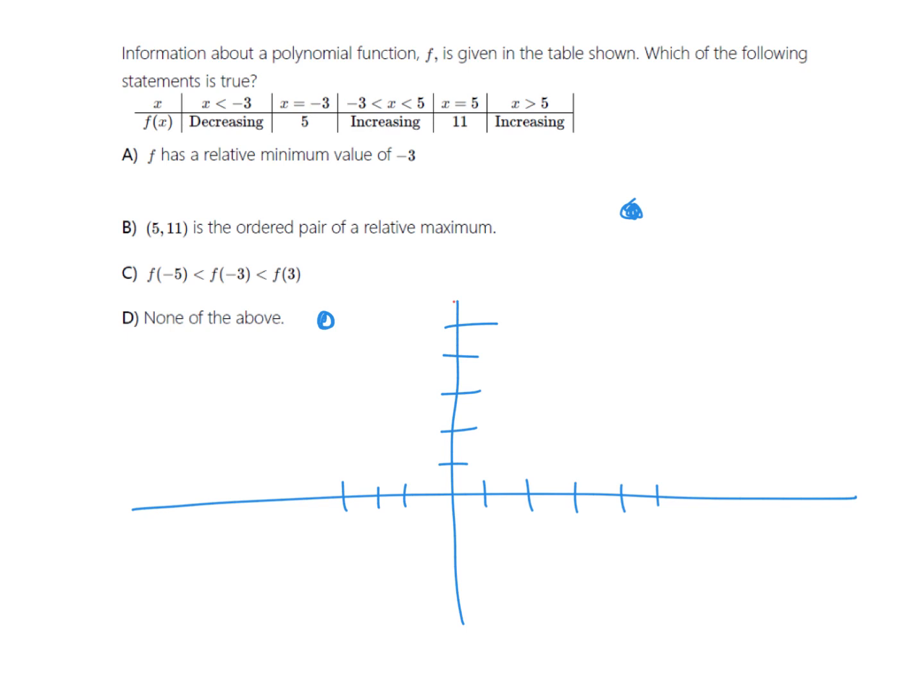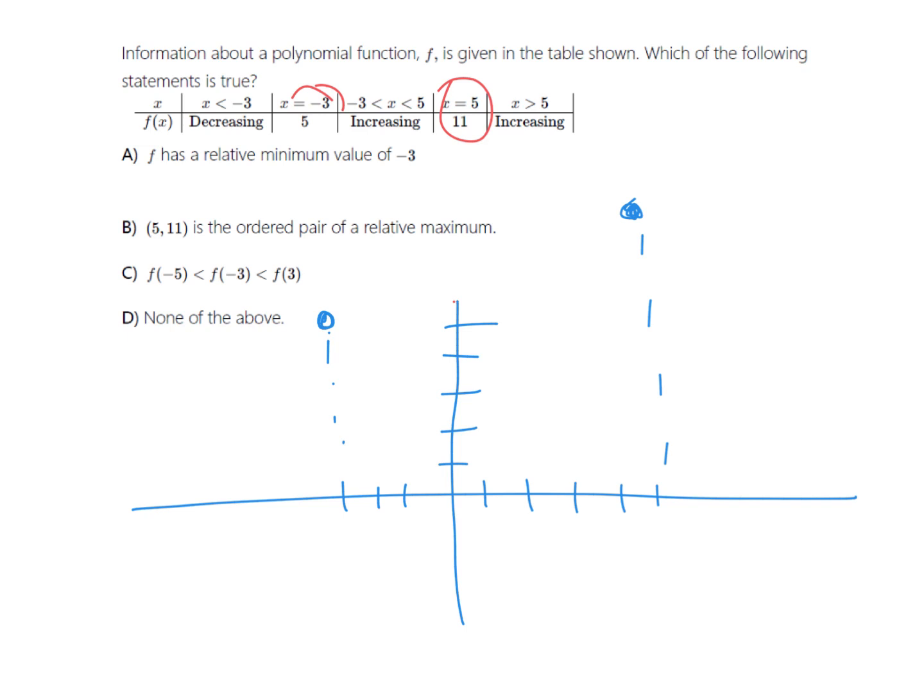I just need a sketch. So that's negative 3, and this is 5, 1, 2, 3, 4, 5, 11 right there. Okay, those are the 2 points that I sketched.